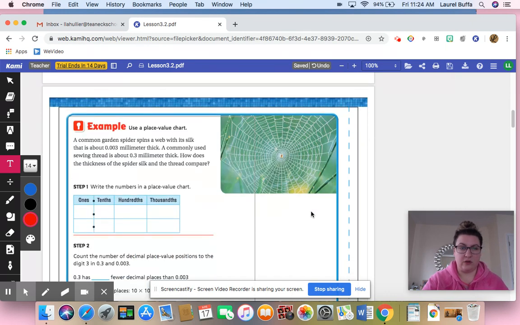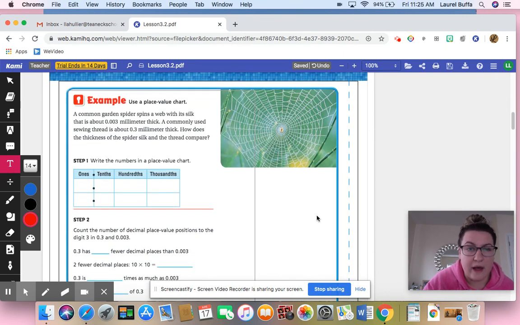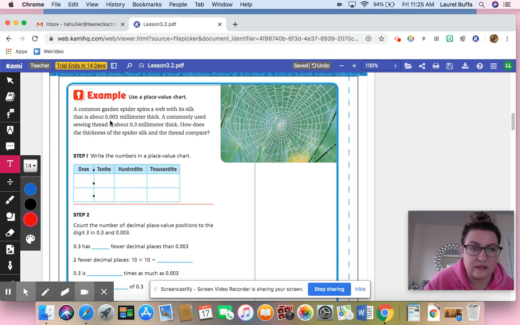All right, so on this page, we're talking about a spider web that is 0.003 millimeters thick, and a sewing thread that is 0.3 millimeters thick. So how do we write these numbers in the place value chart? How could we write 0.003?